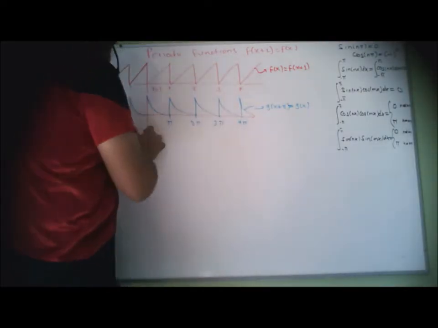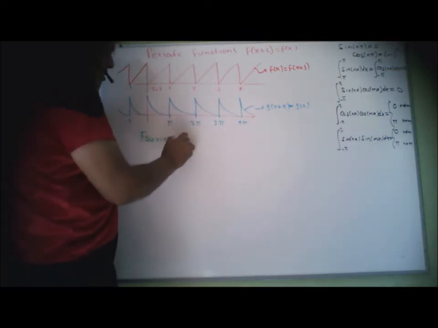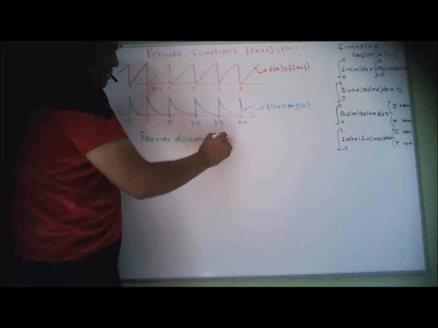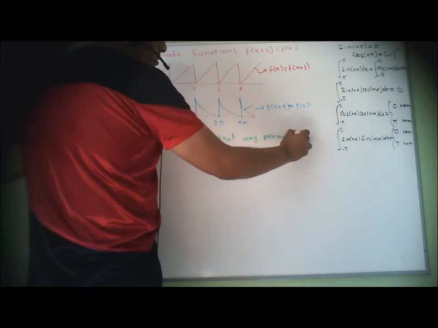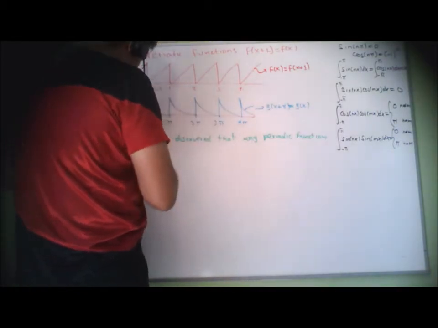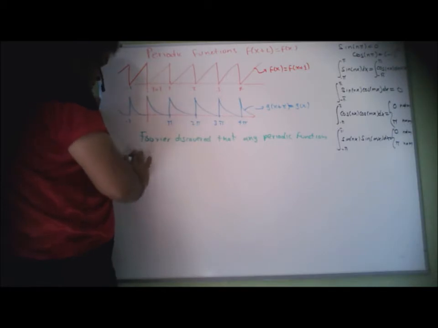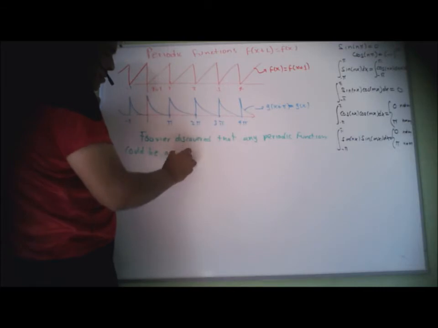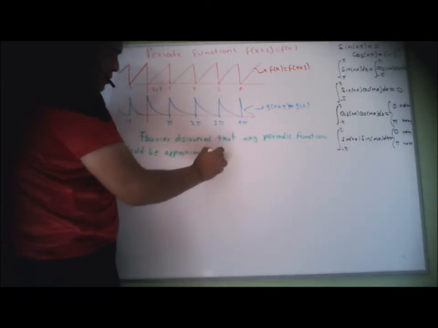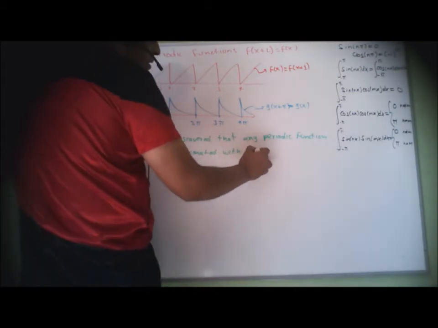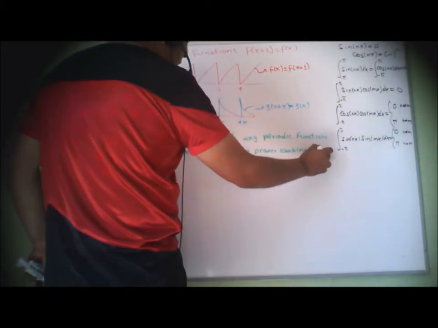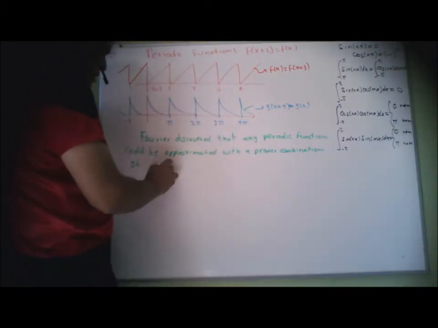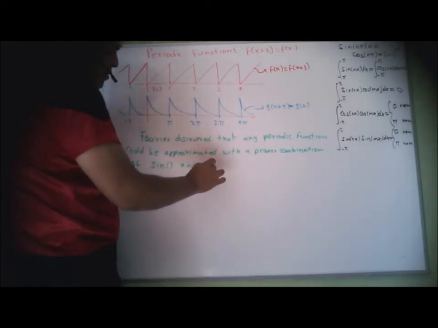Okay, now what Fourier found was this: Fourier discovered that any periodic function could be approximated with a proper combination of sines and cosines.